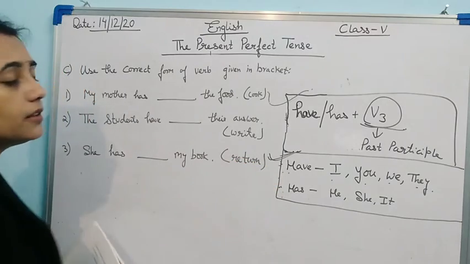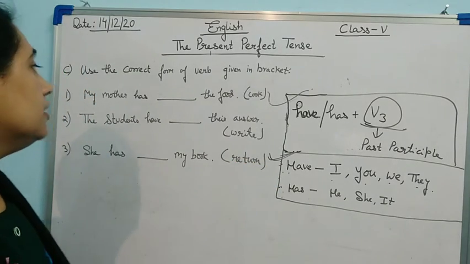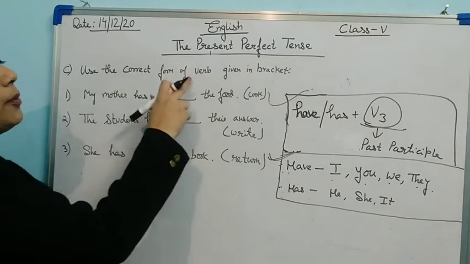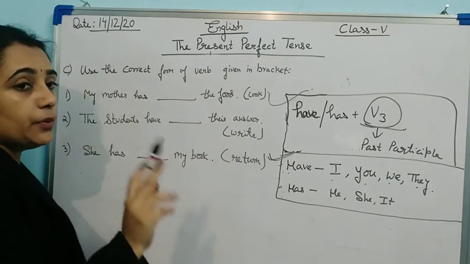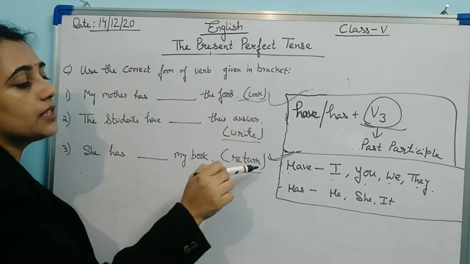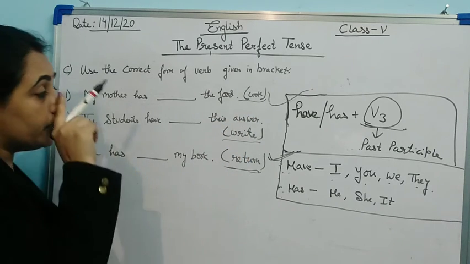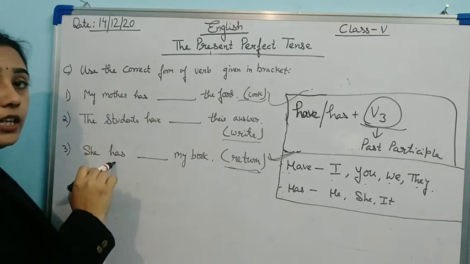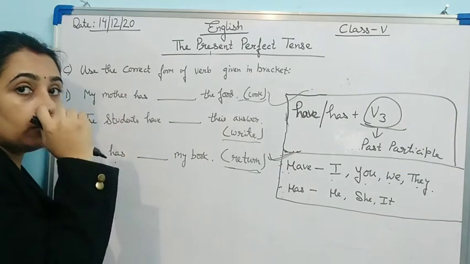See, this is very simple. Just see here. Use the correct form of the verb given in the bracket. That means I have to deal only with the verb. What verb is given there? I have to deal with that only. Has or have is already given there. So we don't have to worry about the single person or the plural person.